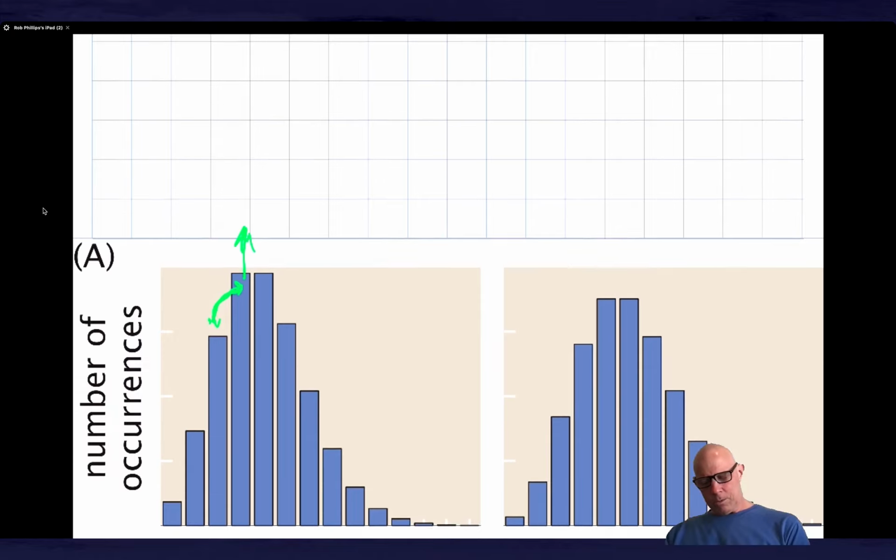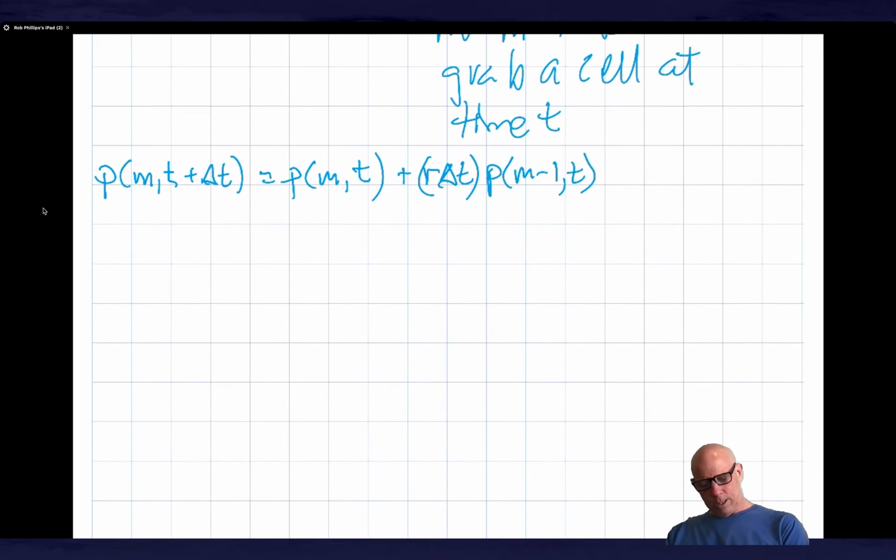So that was what that term is. So this guy I'm going to draw like this. Next, I'm going to do another plus sign term, which is plus gamma delta t times m plus 1, and then the probability of being at m plus 1 at time t.